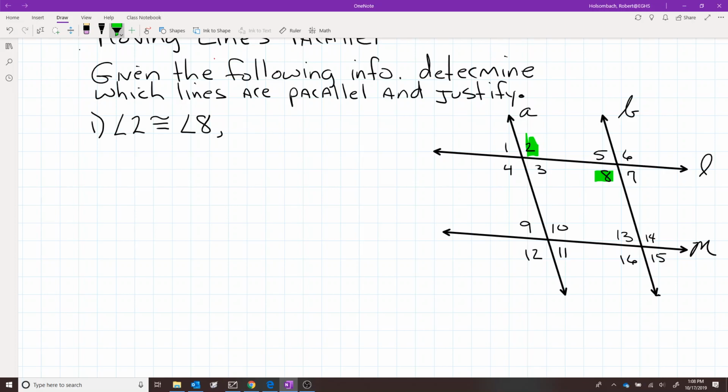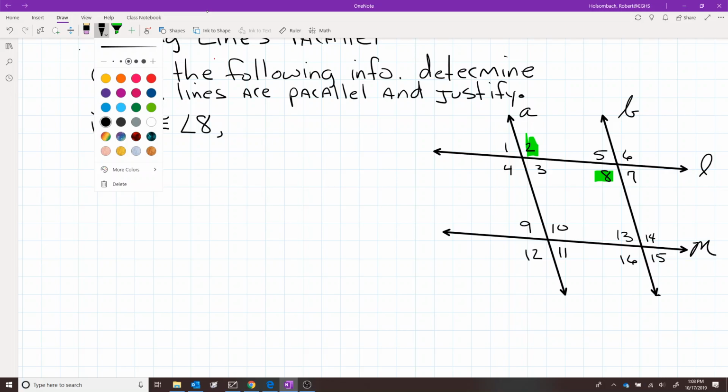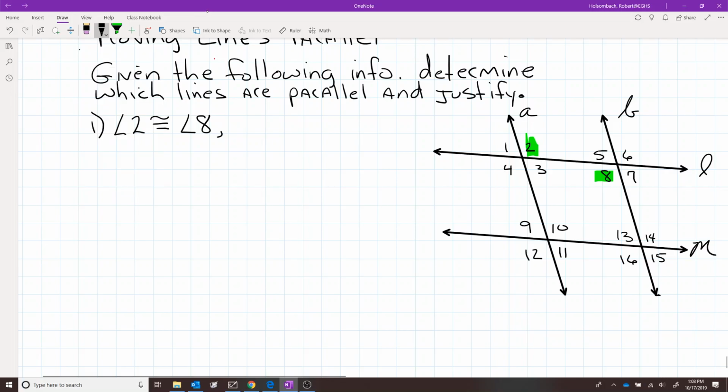If you can remember their relationship, in this case, 2 and 8 are alternate interior angles. They're on alternating sides of L. That makes L a transversal. And if alternate interior angles are congruent, then line A is parallel to line B. So that's the statement that you can make, or those are the lines that are parallel.